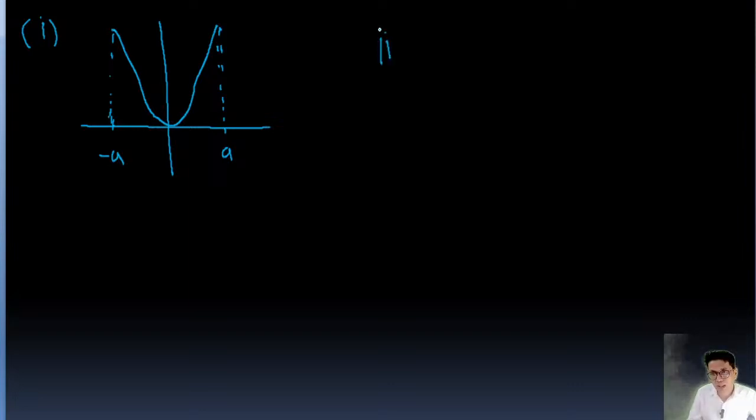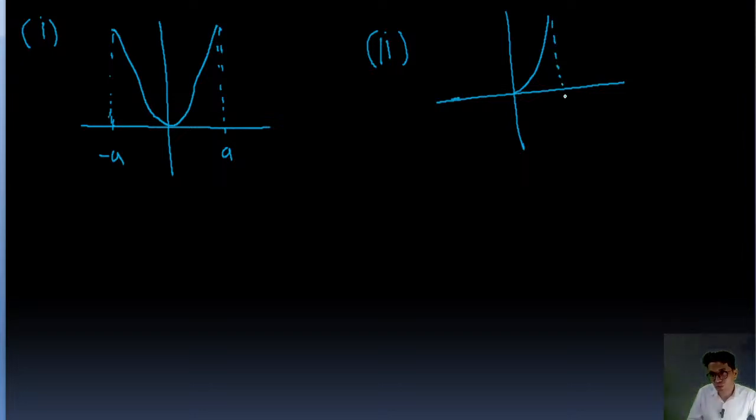Second, we have to find for this half part of the harmonic oscillator. From here A is the classical turning point, and this is 0.